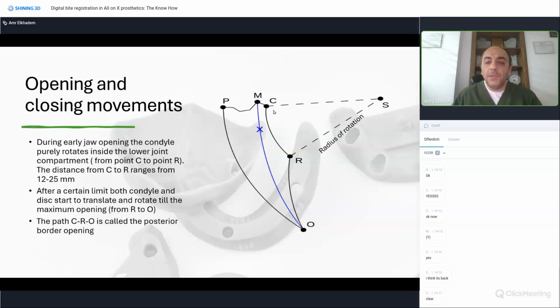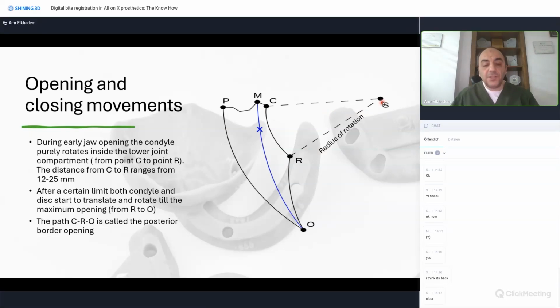The patient can perform a small rotational movement from here to here. The condyle is rotating slightly inside the lower compartment without any translation, and the patient is opening a little bit from here to here.